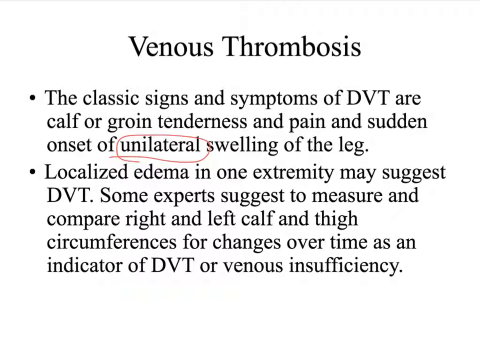And then you monitor that to see if it gets any worse. So remember, in healthcare and nursing, we always like specific numbers. So measuring would be good supportive data to support that, yes, there is indeed swelling in this unilateral leg, and we might need to do more diagnostic testing to determine if indeed a clot is there.